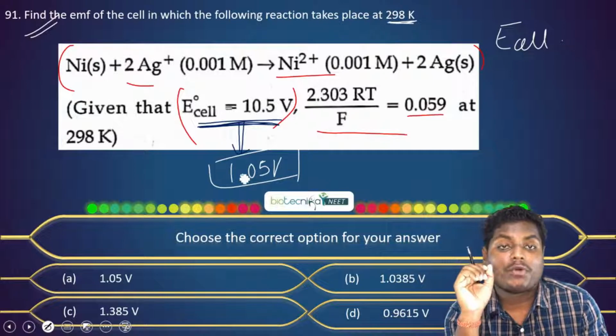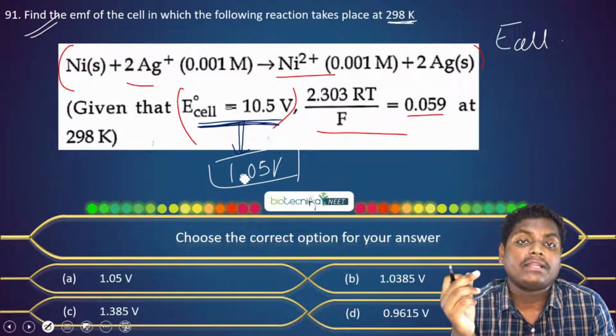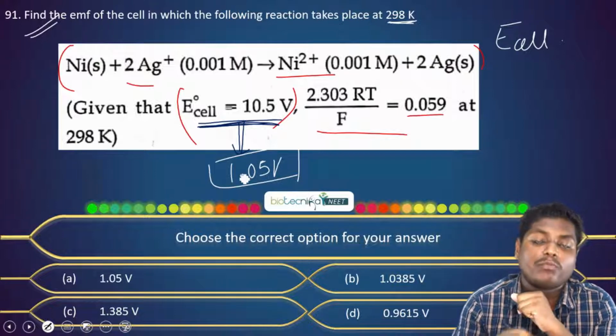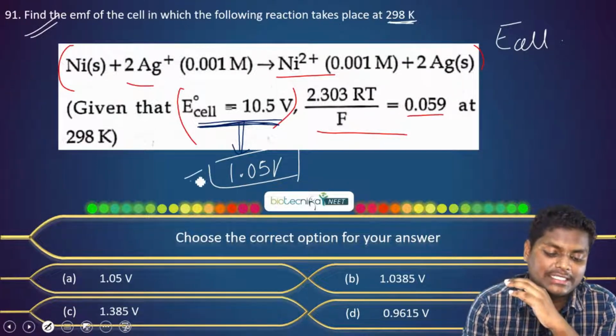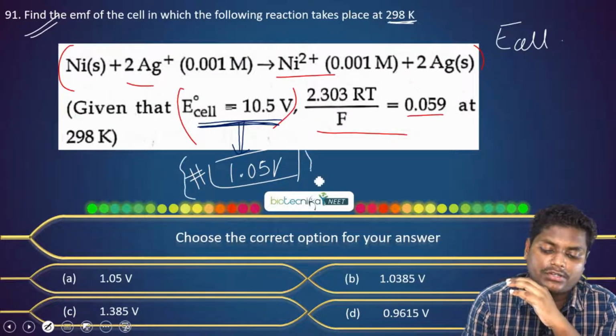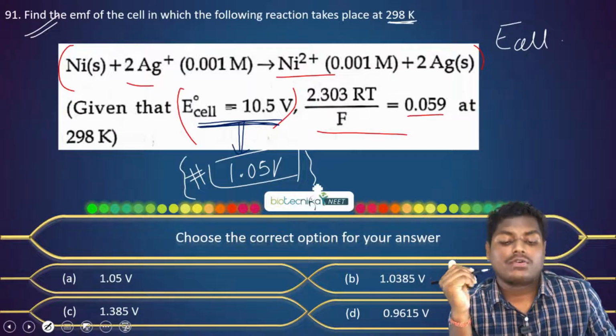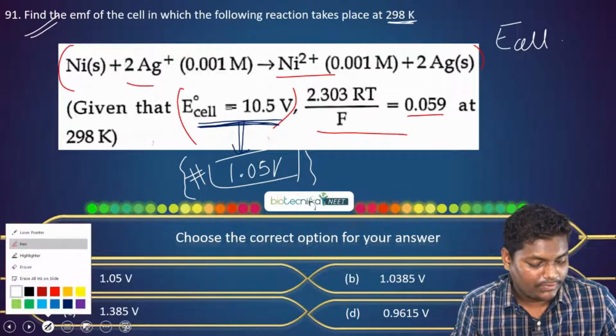I would like to stress this point, that there might be some printing error. So if you take it to be 1.05 volt, then we can solve this question exactly. So let's consider this value, the E naught cell to be 1.05 volt, and solve this question. Okay, so let's start doing it.